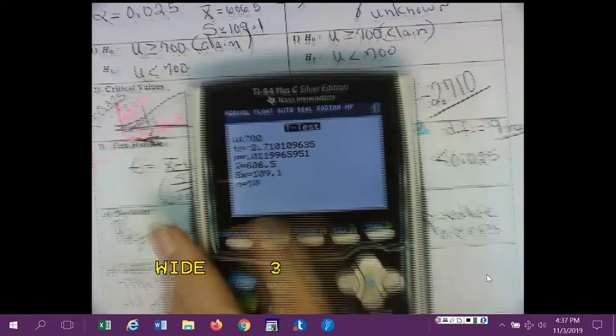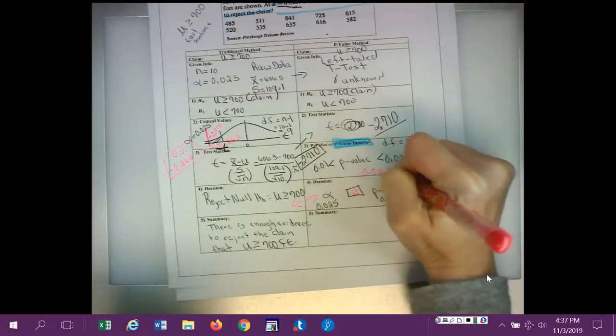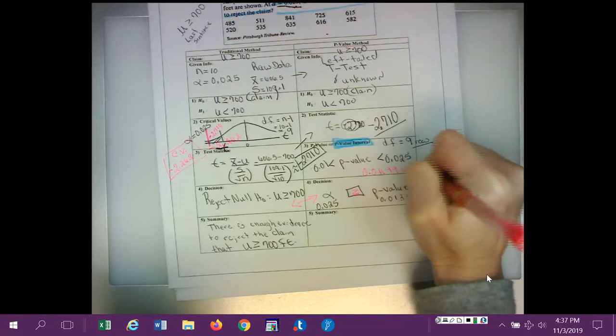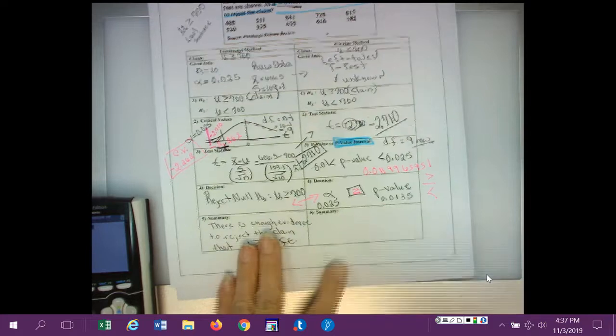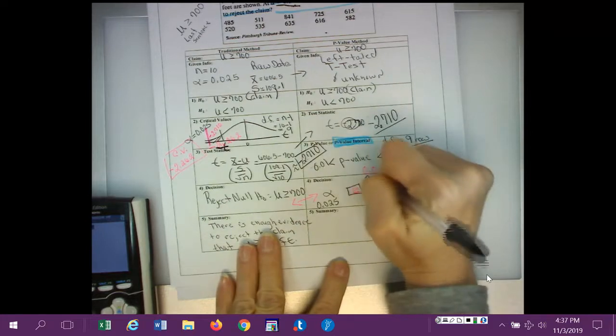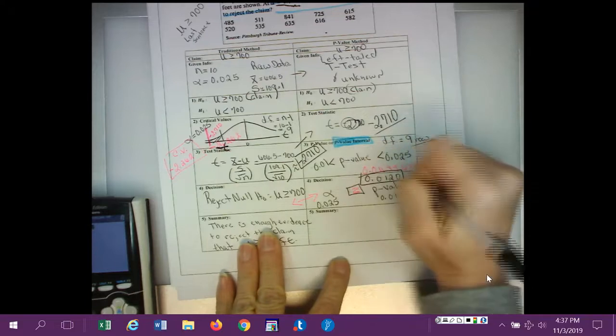So there's your p-value, 0.011996591. And if you round that to 4 decimal places accurately, your p-value by calculator is 0.0120.